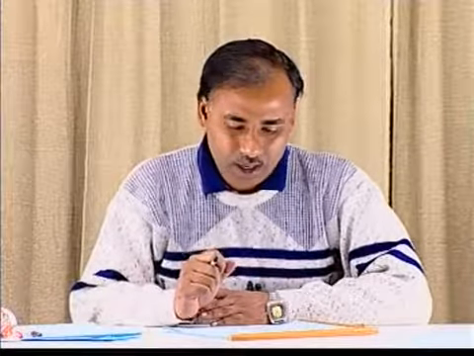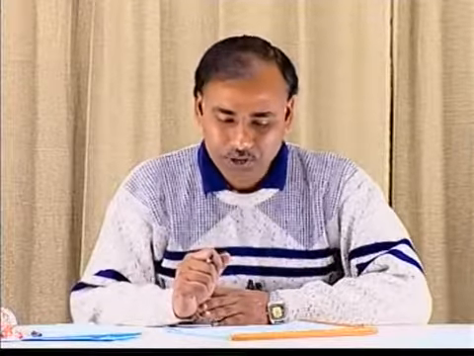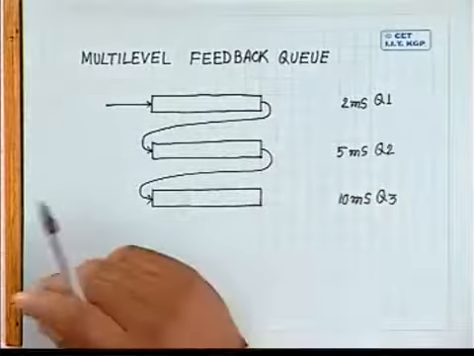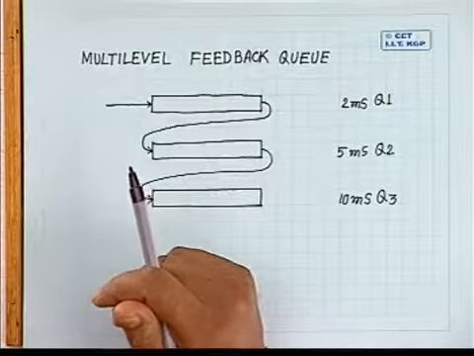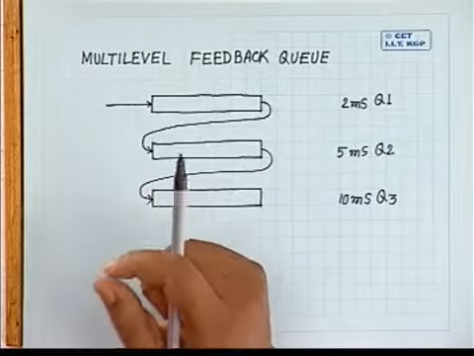Once it is allocated to the CPU, it will be executed for a minimum of 2 millisecond time period. If I find that the CPU burst of the job is over before that 2 millisecond duration, I will keep the job in queue number 1 only. I will not move the job.